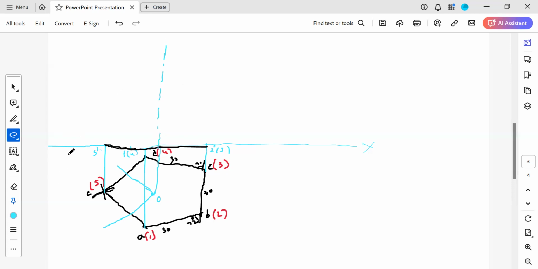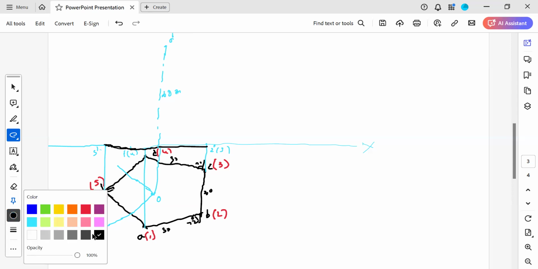So the height is given, what is the height given? 60 mm. So this height is given 60 mm. You look at this, this is O dash point. Now you complete the rectangle.